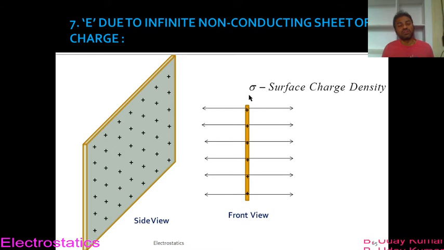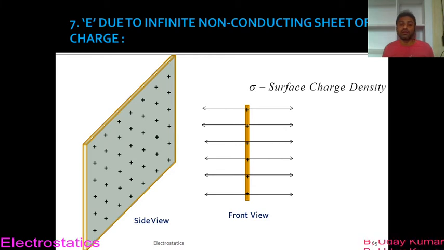So what is surface charge density? You already know that it is charge per unit area. But the problem here is that it's an infinite sheet of charge, so the amount of charge present on this sheet and the area of this sheet are completely infinite. We don't know the exact values of Q and the area.